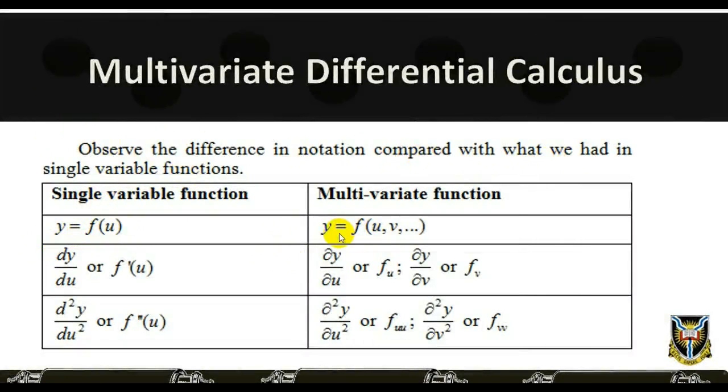Multivariate function, y equals f of u, v. dy by du or f prime of u, dy by du or f_u. d squared y by du squared or f double prime of u, d squared y by du squared or f_uu, f_uv, d squared y by dv squared.